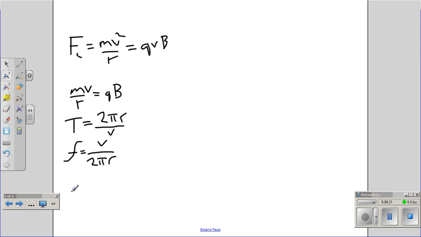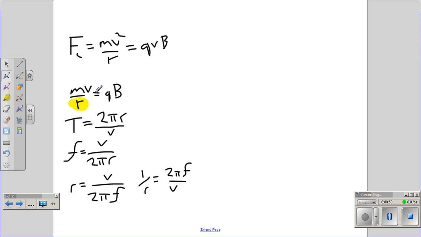So we can say that r equals v over 2 pi f. And now we can go and pop that into this equation. We need 1 over r for this equation up here, right? Because we're saying that it's mv divided by r. So 1 over r equals just the inverse of our expression here, 2 pi f over v.